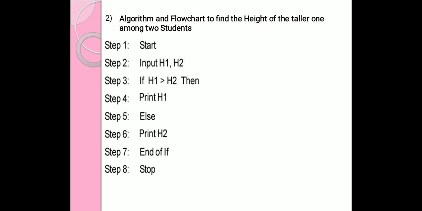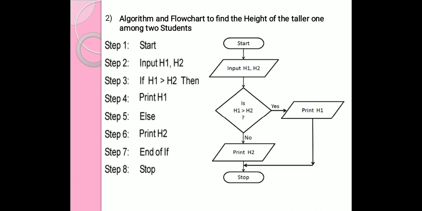And here we use a decision. If h1 greater than h2, there will be two flow lines, so we use the decision box, or the rhombus. For the flowchart, first use the start symbol, the terminal, then the input parallelogram. After input, for comparison or taking a decision, we use the rhombus as the decision symbol.